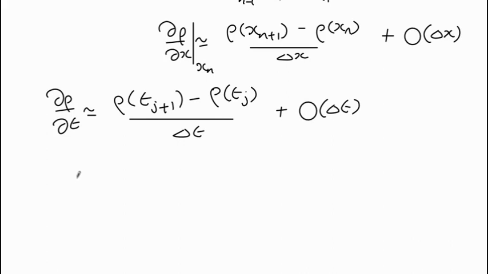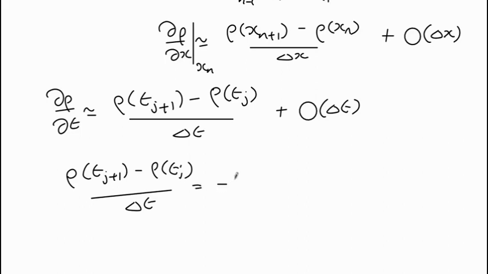And so I'll write this out here. So we have rho at t at j plus 1 minus rho at tj, divided by delta t, is minus u times rho at xn plus 1 minus rho at xn, divided by delta x.